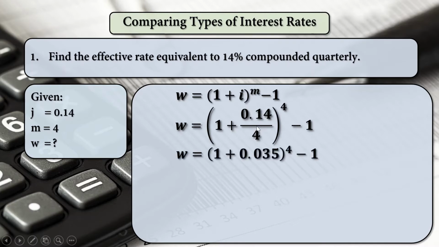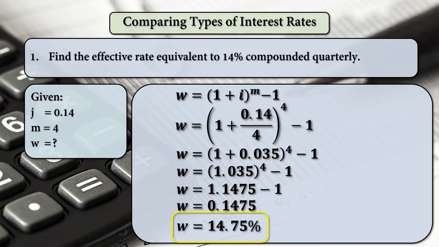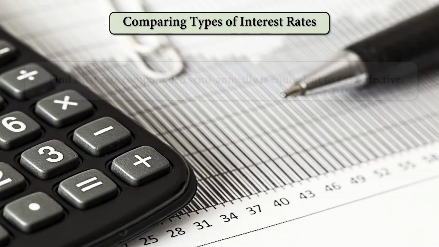So 0.14 divided by 4 is equal to 0.035, plus 1 is 1.035, raised to 4 is 1.1475, minus 1 is 0.1475, times 100 for the percentage form, that will be equal to 14.75%. This is our effective interest rate.